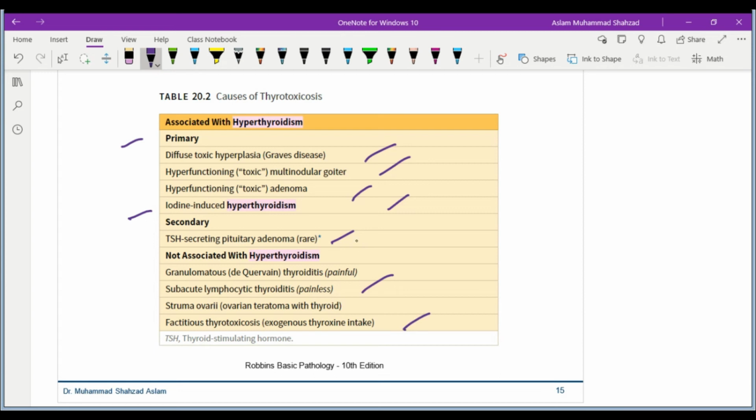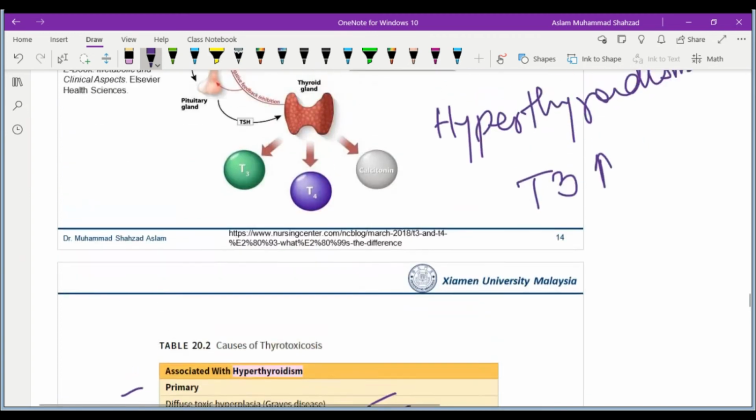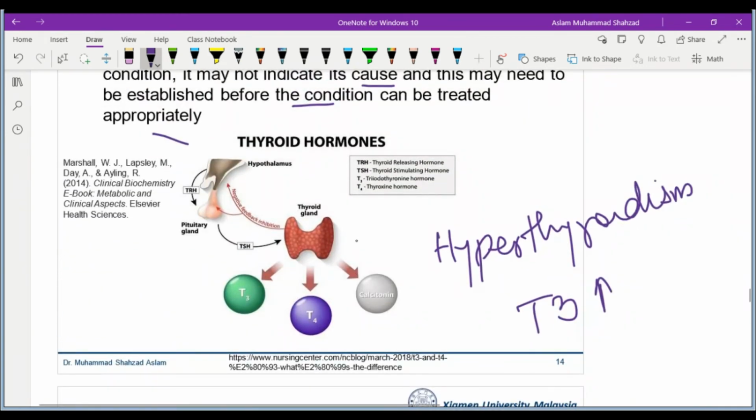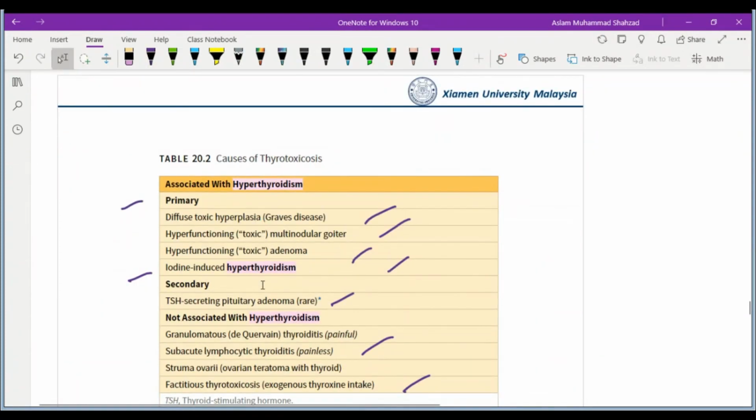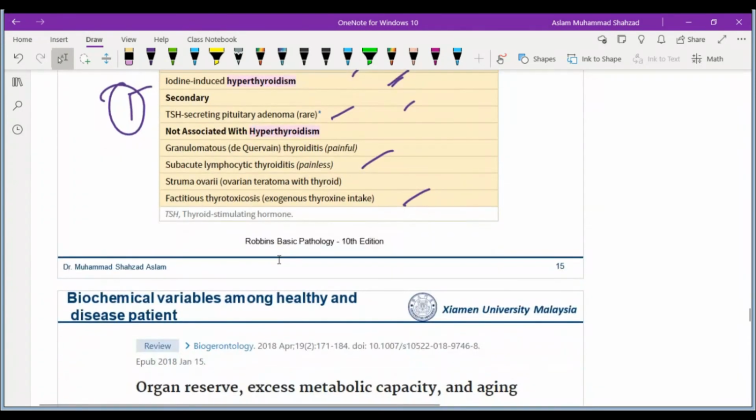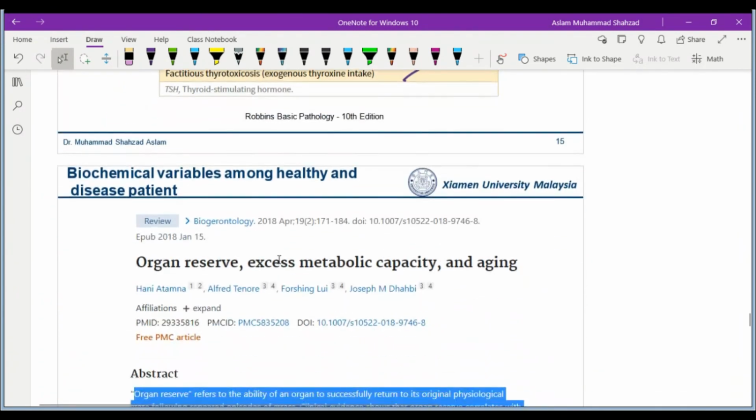So it is not possible to diagnose the cause if we only know biochemical parameters like the increase of T3 or T4, but it is possible to give you multiple options, that the cause of the thyrotoxicosis is one of these primary or secondary factors, but the exact cause is not possible to diagnose with the biochemical parameters. So these are the problems that we are facing.